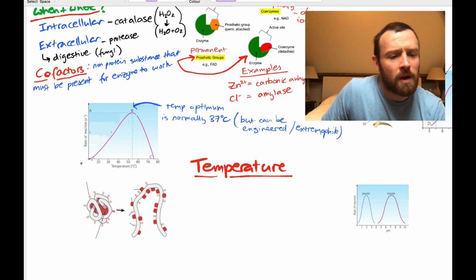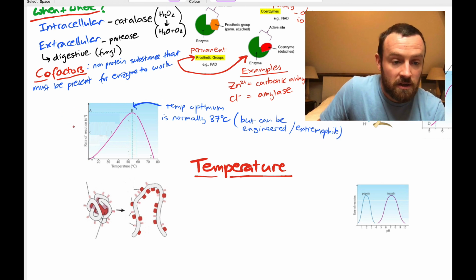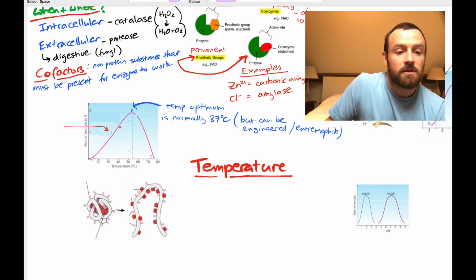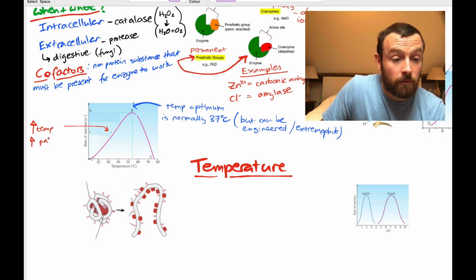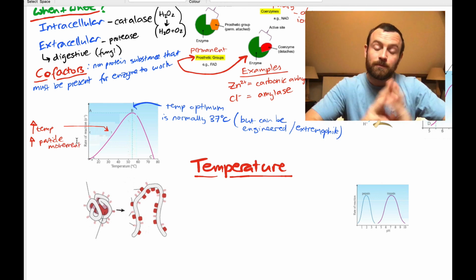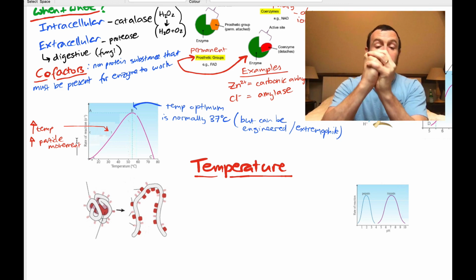Okay, all right, so what's going on in this graph? How can we explain the shape of the graph? Well, there's two parts to this graph. First of all, this part. So on the upslope, increasing temperature increases particle movement. As those particles are moving around more quickly, there is a greater chance that the substrate molecule is going to come in and fit into the active site.